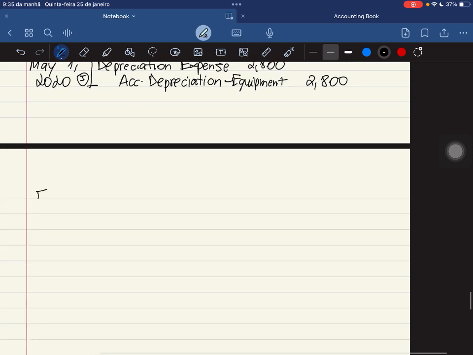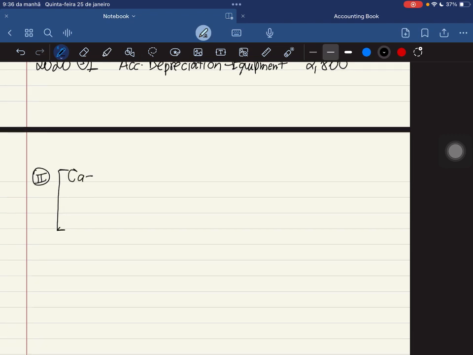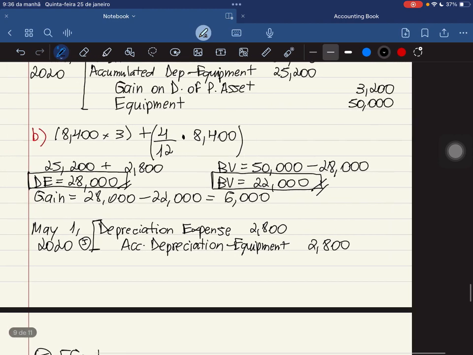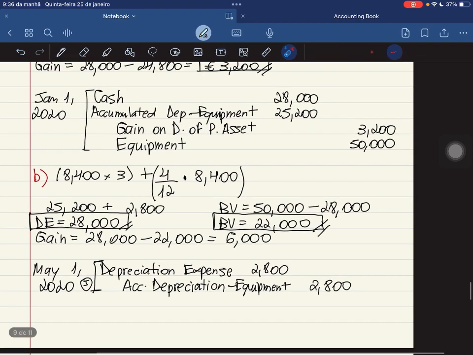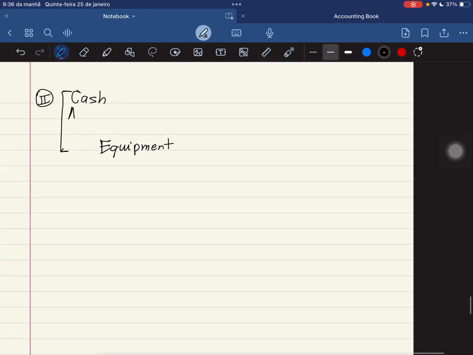The second entry that we make is to record selling the equipment. So like before, cash has to go up because I'm selling, and the equipment has to go down because I won't have this equipment in the future anymore. It is a gain, just like the other one, right? So the positions are going to be the same for the same reasons as before. So I'm just going to copy accumulated depreciation, equipment, followed by gain on disposal of plant asset.